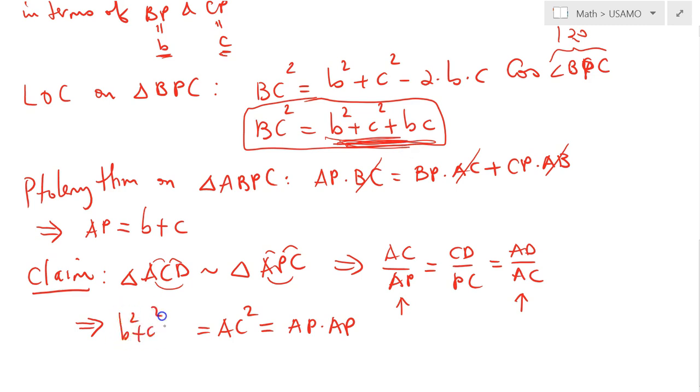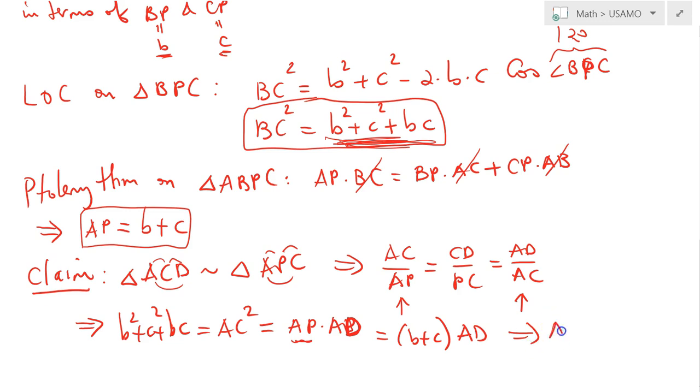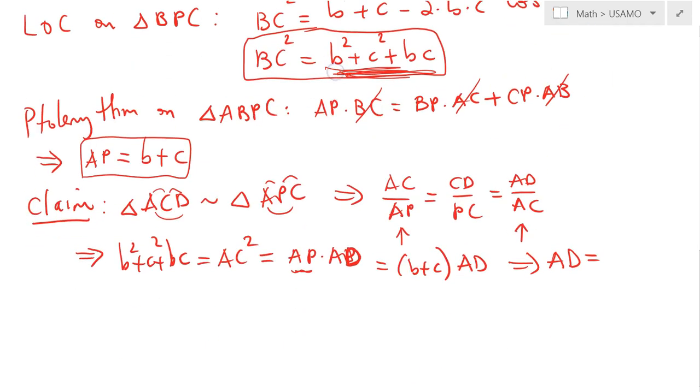So I can just substitute BC squared here, and AP times AD, sorry, this one is a D here. But AP we already computed as B plus C, so this thing is equal to B plus C times AD, finally implying that AD is equal to B squared plus BC plus C squared over B plus C.